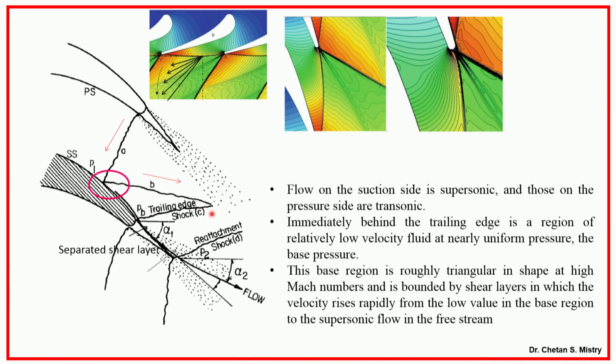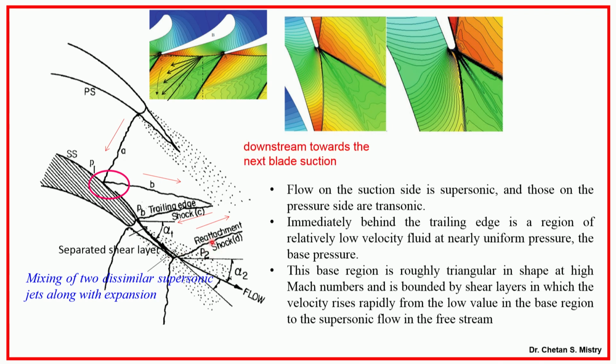From here it will get reflected, and you will have expansion waves. In this particular region we have mixing of two different supersonic jets coming out, and later on we will have a reattachment shock forming downstream, for the next surface.